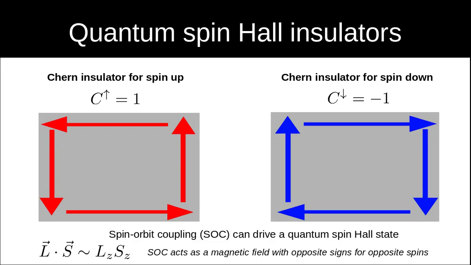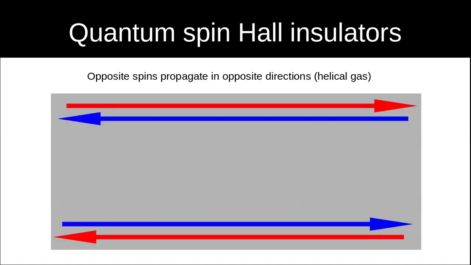And this idea of having opposite, let's say, magnetic fields or opposite breakings of time reversal symmetry for one spin than the other spin is effectively what one needs to get a quantum spin Hall state. And quantum spin Hall insulators are effectively just driven by this relativistic spin orbit coupling in materials.